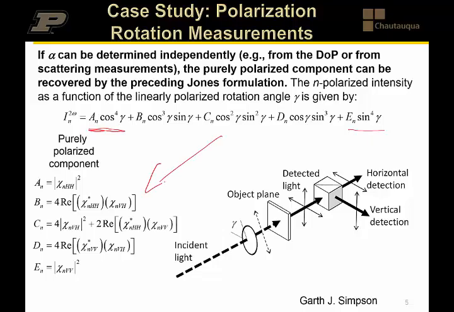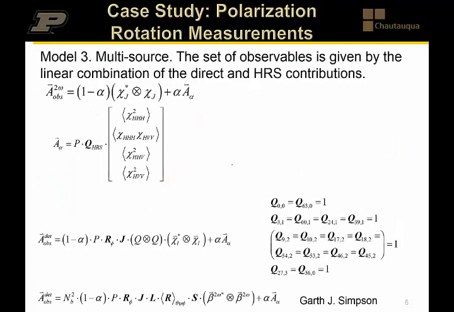And you end up with 5 parameters per detector, where n corresponds to either the horizontal detector or the vertical detector. If we stack those on top of each other, then we have 5 for the horizontal on top of 5 for the vertical, and we have 10 observables achievable from this polarization rotation measurement, and the corresponding values in the limit of purely polarized contributions for the tensor element combinations responsible for those coefficients.